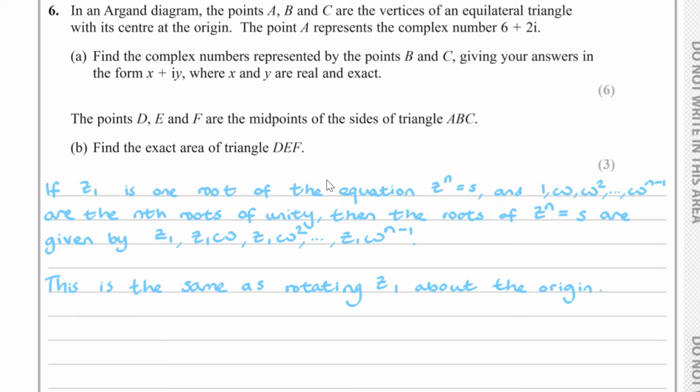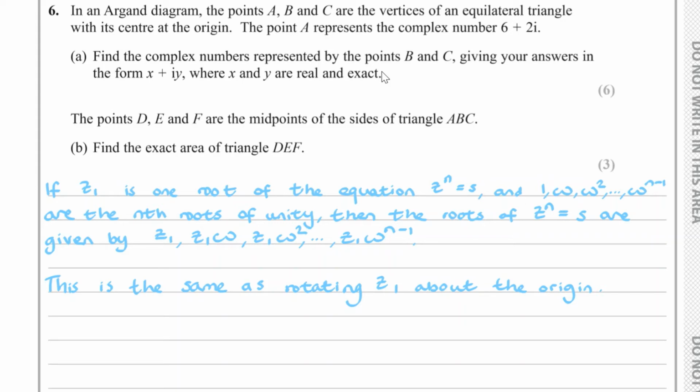And this process of multiplying the roots by omega, that's the same as rotating z1 about the origin by a certain angle, and it depends on the information you've been given to work out that angle.